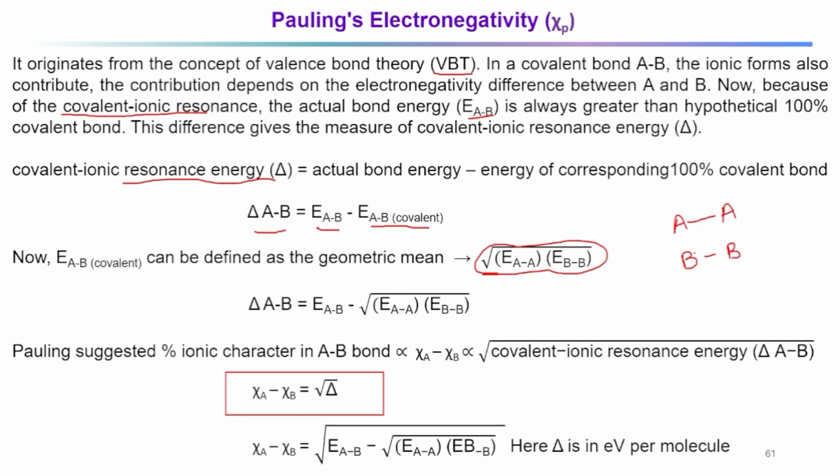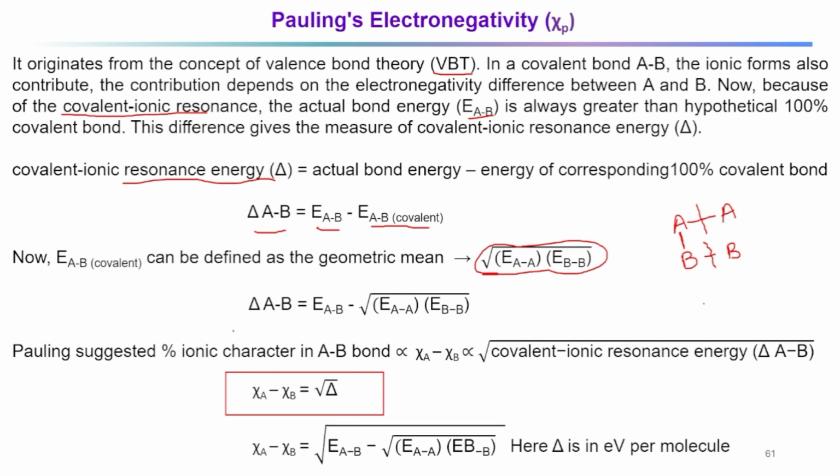Now if you break these two bonds, and then join A and B, the energy of this AB will be equal to the square root of the energy of AA multiplied by the energy of BB.